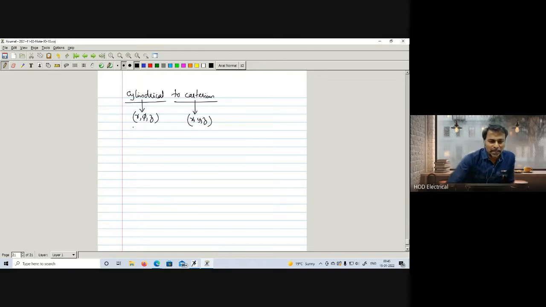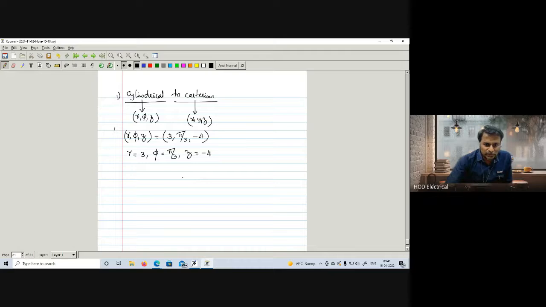So we have an example: the variables r, phi, z are given values, assume 3, pi by 3, and minus 4. That means r equal to 3, phi equal to pi by 3, z equal to minus 4.